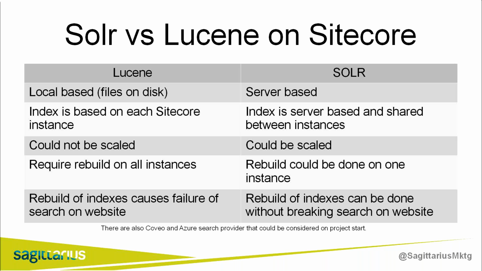As SOLR is server based, it means that it can be scaled. We can have a few SOLR servers, but if we have a few Lucene indexes with the same data on the same machine, we will not get any benefits and we can't scale it.